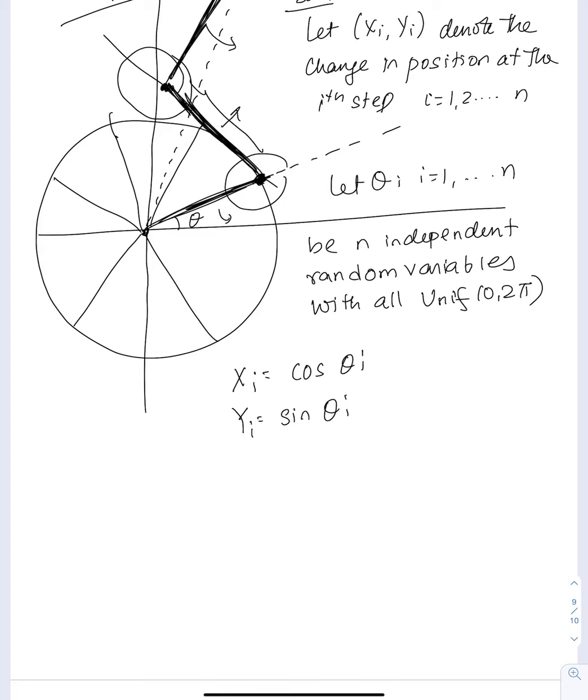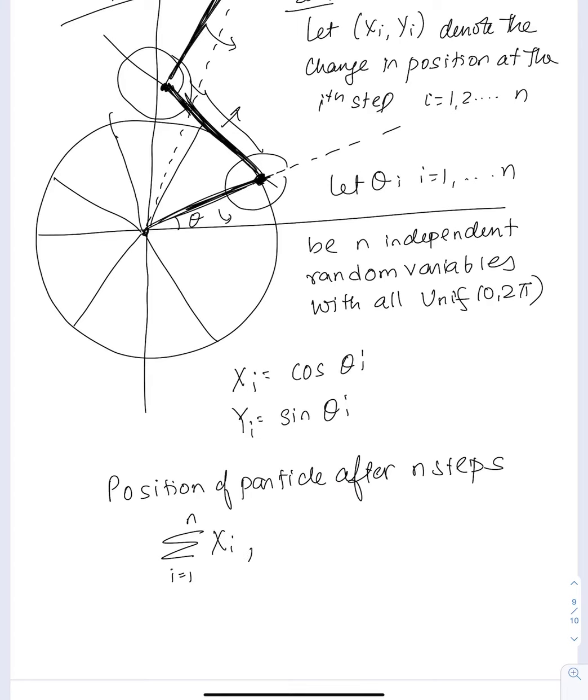So where will you be at the end of n steps? The position after n steps will be the sum of these xi's. Okay, so that's the position of the particle after n steps.